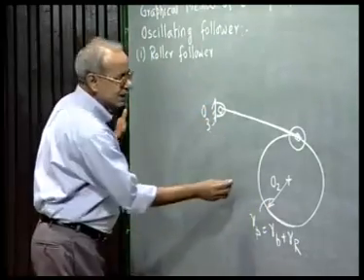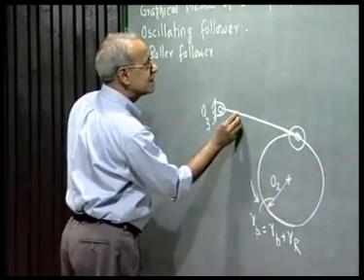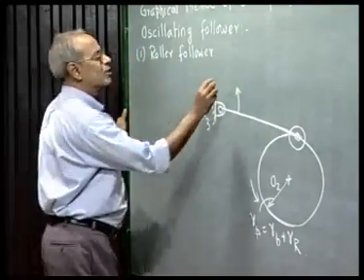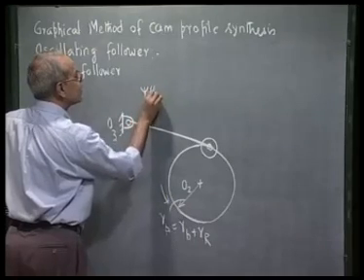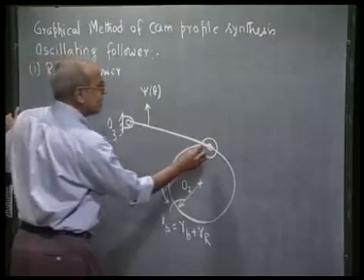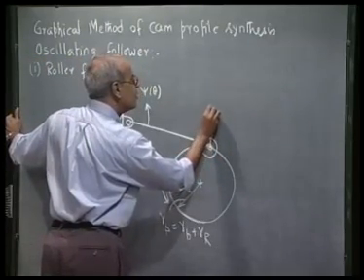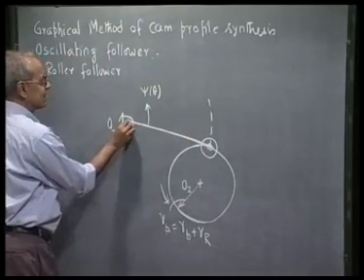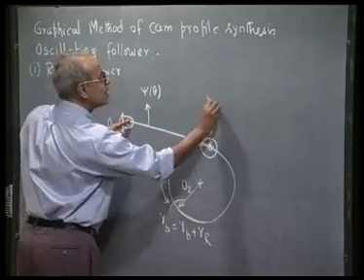When the cam rotates in the counterclockwise direction, let us say this follower also goes in the counterclockwise direction, and this rotation psi as a function of theta is known. So, the trace point will obviously go on this circle with center at O3 and this as radius.